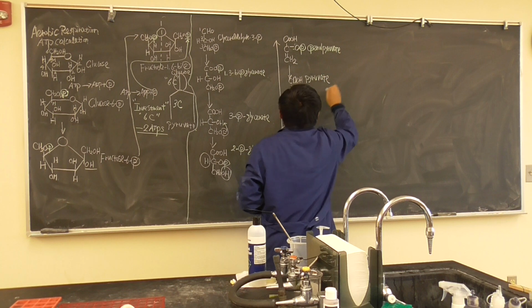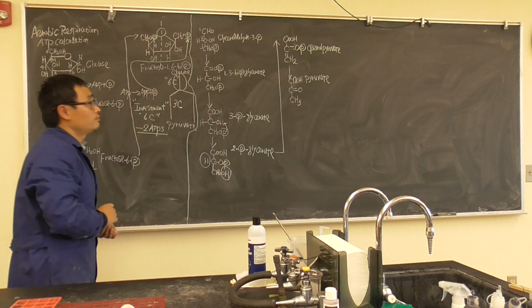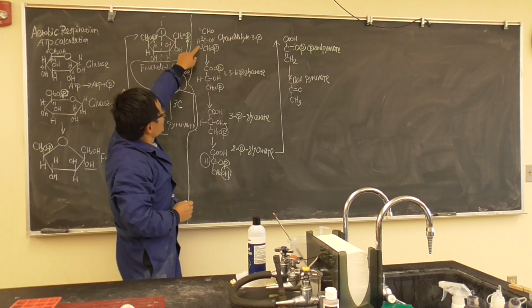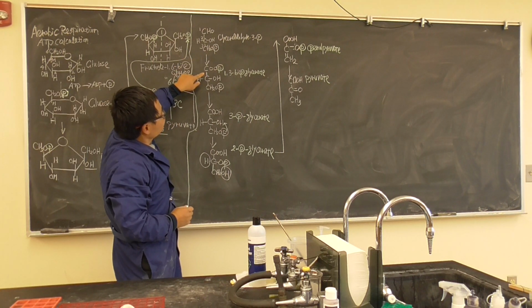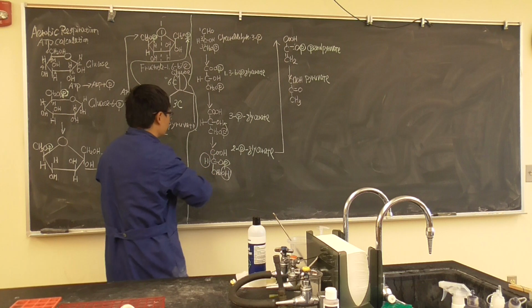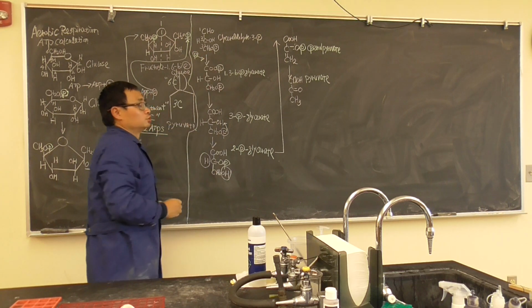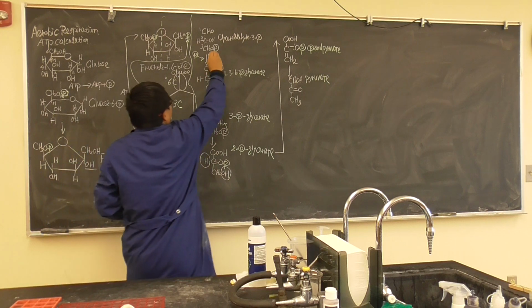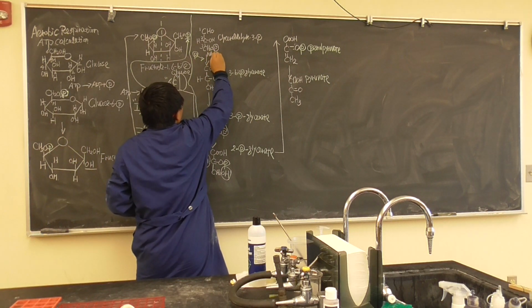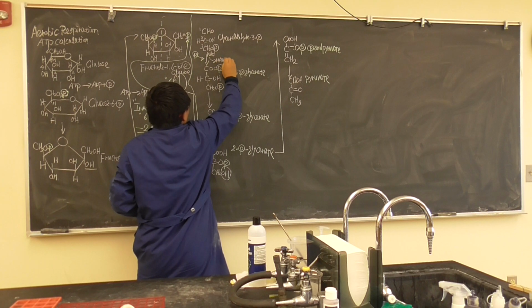Since we'll talk about the ATP generation, we want to mention several things. When you see here, where the phosphate comes from, this phosphate comes from inorganic phosphate, okay? Then here, NAD will be reduced, become NADH2.